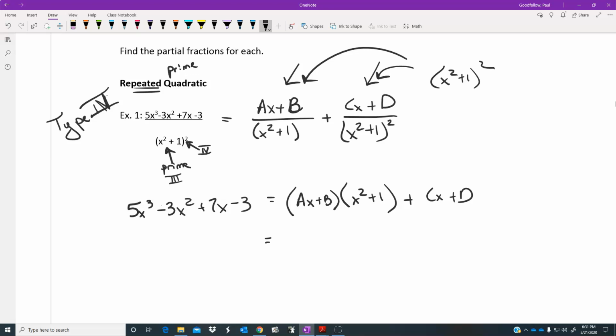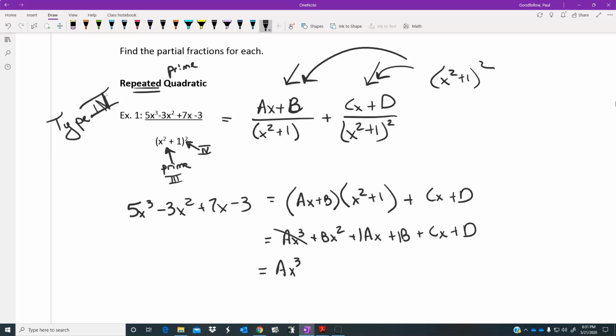Now, a little distribution. We've got ax cubed for the inside plus bx squared plus 1ax will do for that one, and then plus b, or 1b, plus cx plus d. A little organization as well. We've still only got ax cubed. That takes care of him.